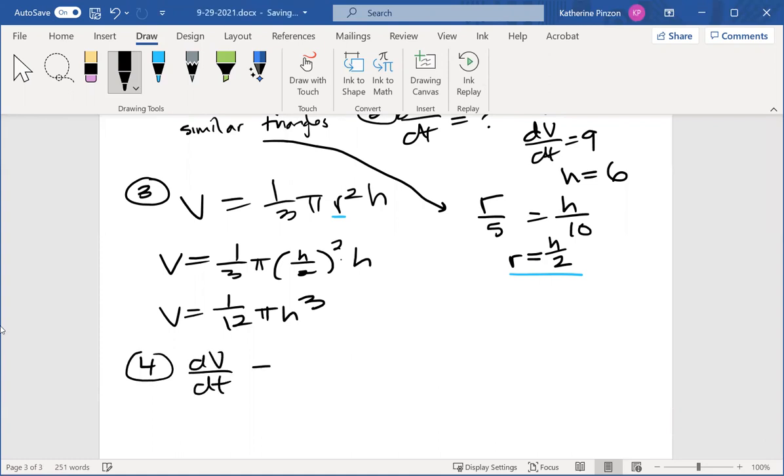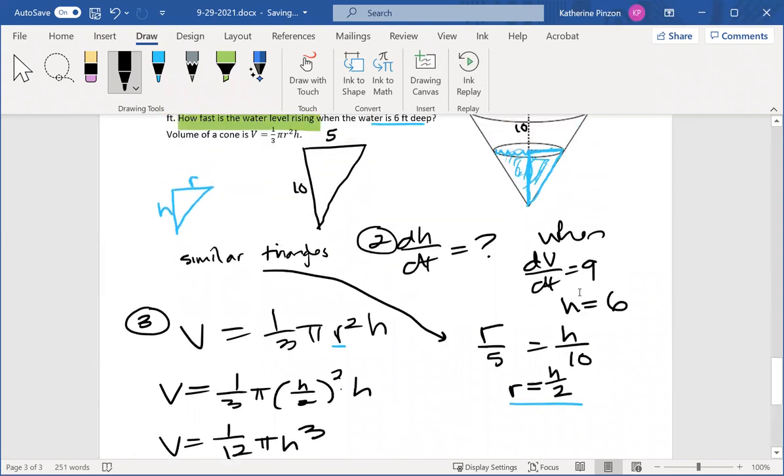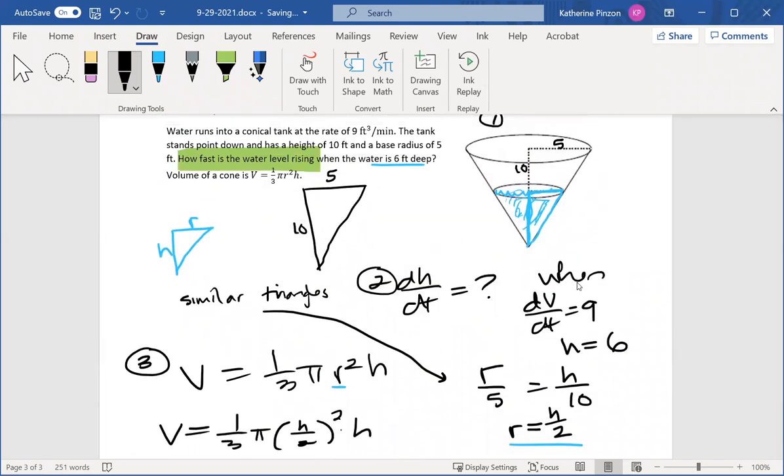dV/dt is, how do I take the derivative of this guy? 1/12 pi times 3h squared dh/dt. I am looking for dh/dt.